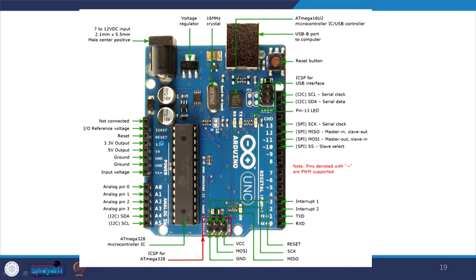So, you can see that here you have A0 to A5, the analog pin ports over here, and as I said, the ATmega microcontroller has been used over here.